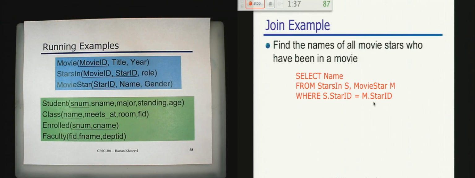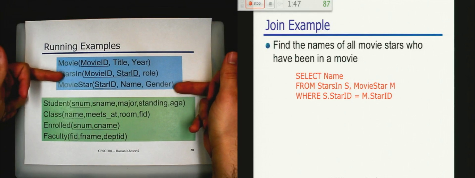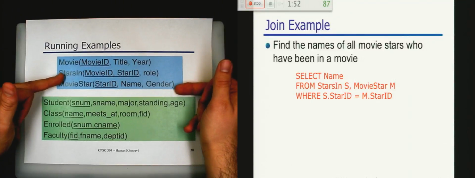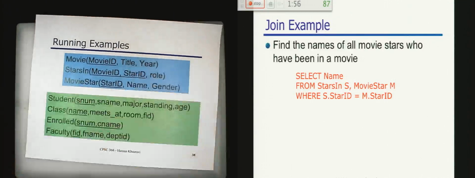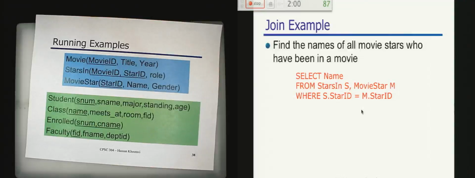Okay, so let's first figure out what tables we need. We need name of people that have starred in a movie. So we need stars in and we need movie star. So these are the two tables. I'm using alias S and M for them. What's the condition? Well, I want the star ID to be the same in both of them. So that star ID needs to be the same. What do I want to return?